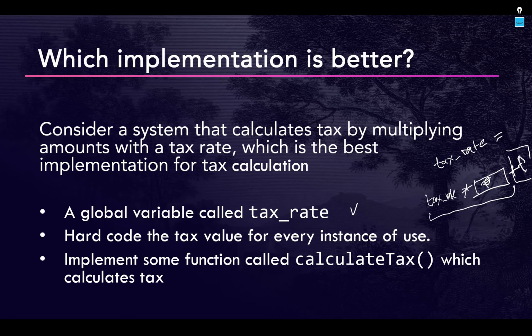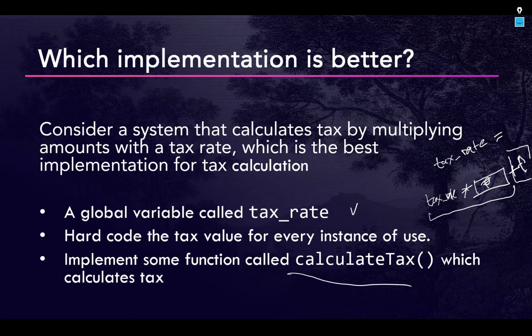Now, of these three, the deepest level of encapsulation that you can do is to create this function called calculate tax, which will take care of calculations of taxes no matter what that calculation of tax is. And at the same time, by creating this deep level of encapsulation, you will also have created a good level of abstraction between the actual behavior, calculate tax, and what it actually does.